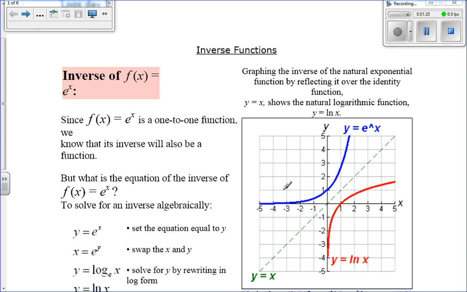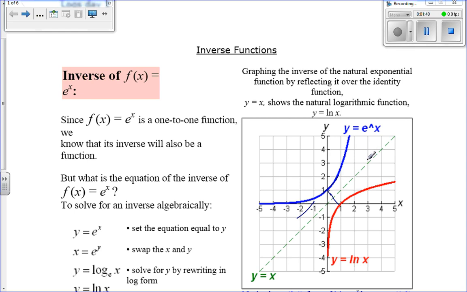The way we find our inverse is by reflecting it over the line y equals x. So that's what I did here. It's the graph line y equals x, and when you reflect over it, you go the same distance away. So it's taking and folding on this line, and you get your mirror image.